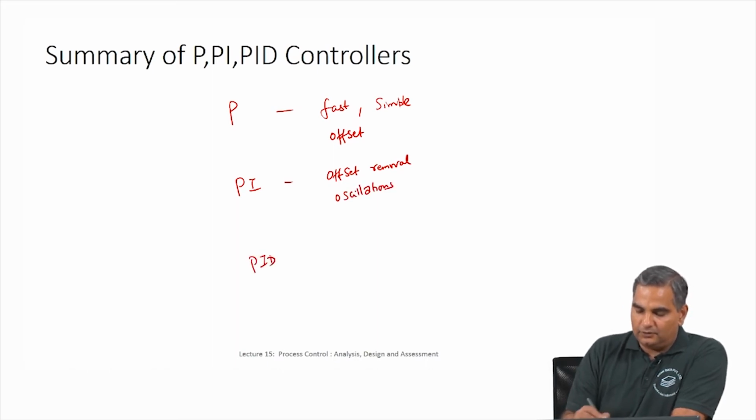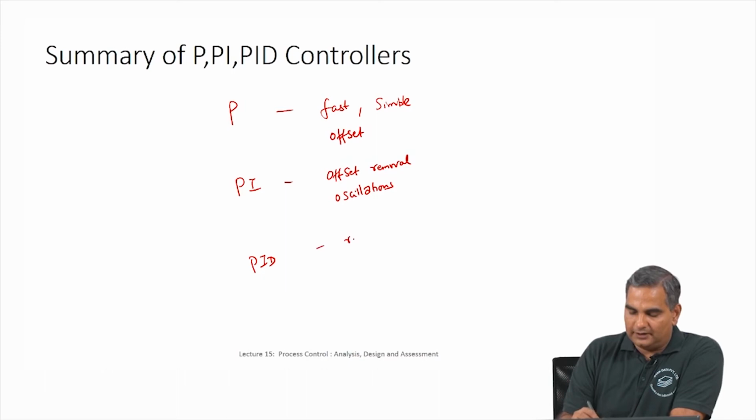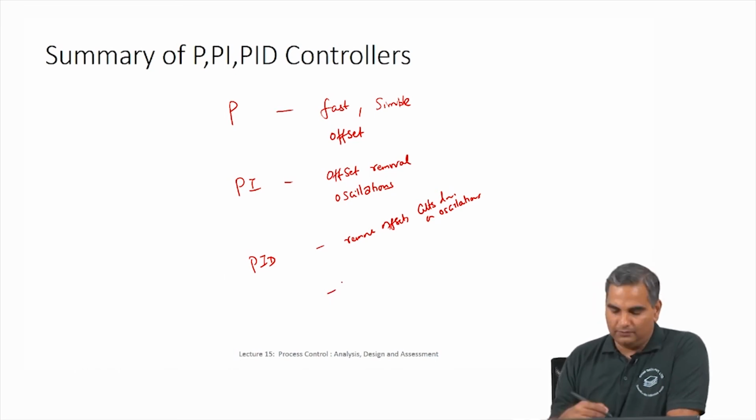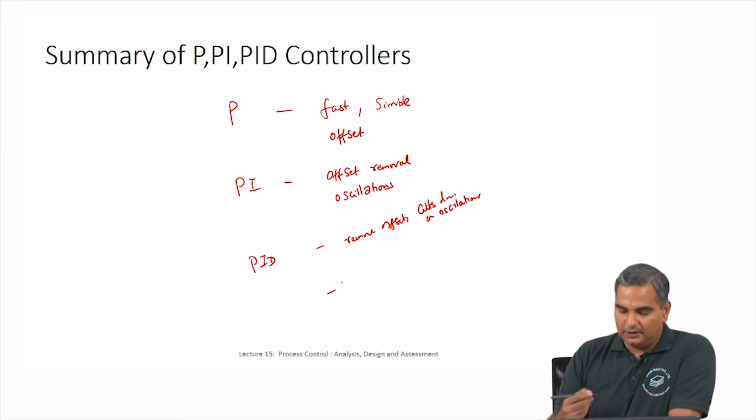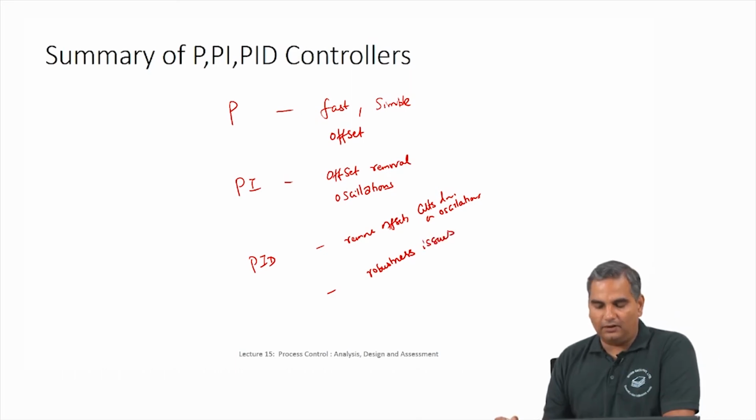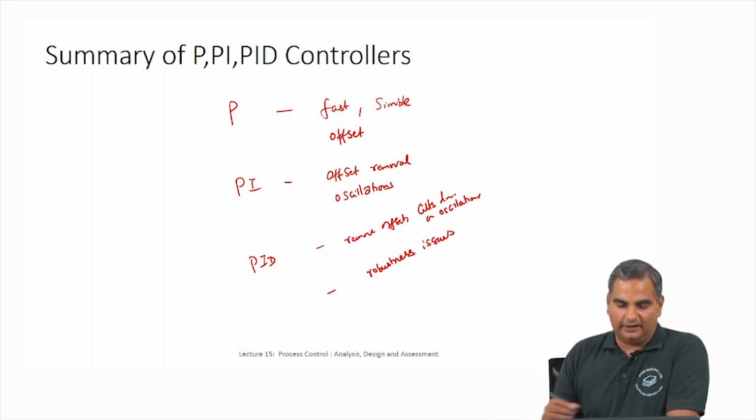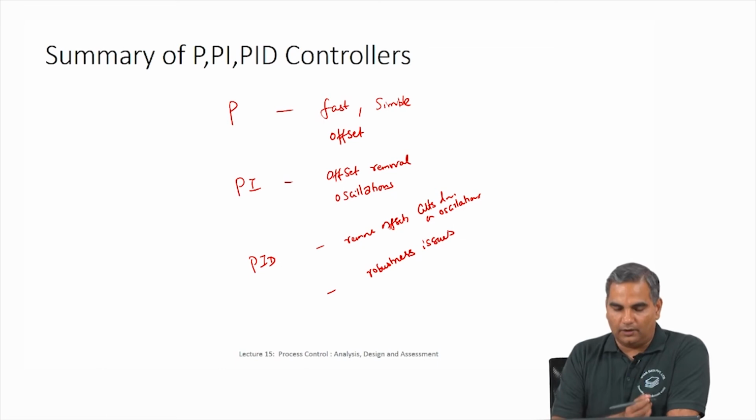PID controller seems to remove offset, and it cuts down on oscillation. However, it is not very regularly used in industrial control because of its robustness issues. Robustness issues means whenever you have measurement noise, all the differentiation can create problems for the overall control loop.